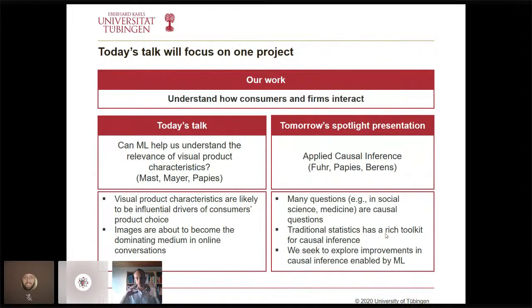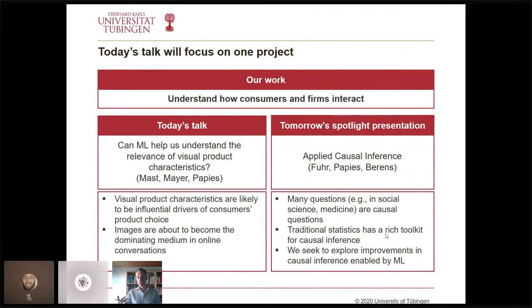To give you a broader perspective, at the heart of many questions that we explore and study in business and economics is a causal problem. Many questions in social sciences are causal questions, and quite often we are forced to address these causal questions with observational data.